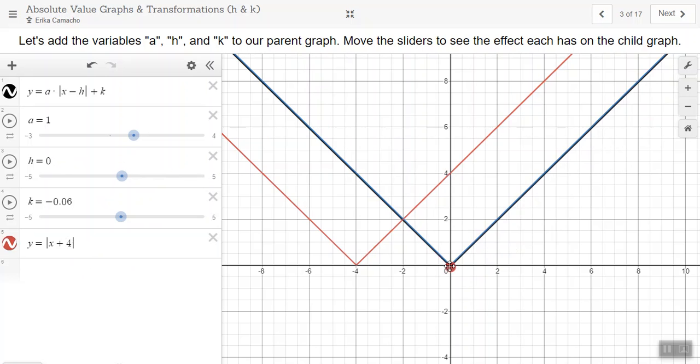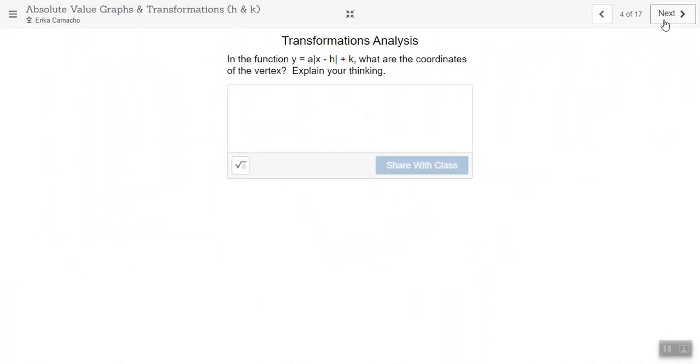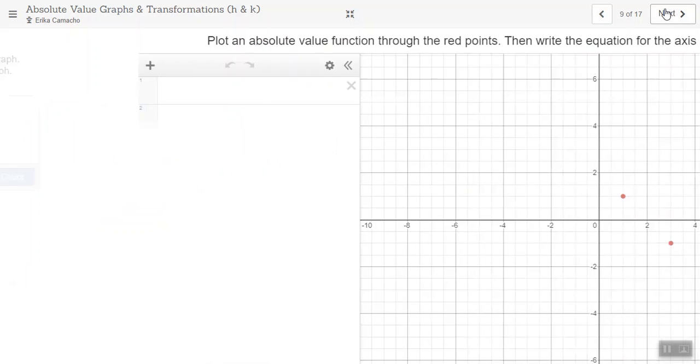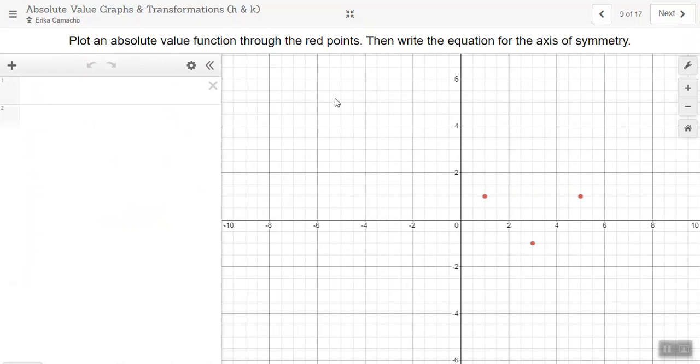Where did it go compared to the parent? So you need to be using your tools. This is not about plotting simple points. This is about the absolute value function. Again, here you are to graph what absolute value would go through all 3 of these points, you need to use the vertex and vertex form.